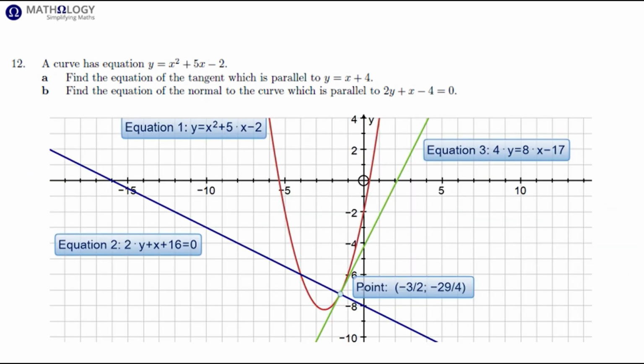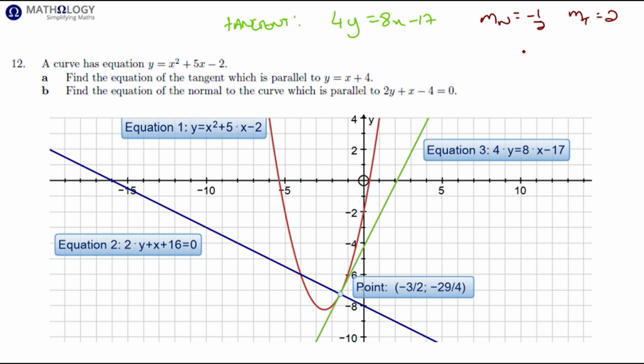Again, we can illustrate all of this graphically. The equation of the tangent in green is given by 4y equals 8x minus 17, and we can verify this. The gradient of the normal is minus a half. That means that the gradient of the tangent is 2.